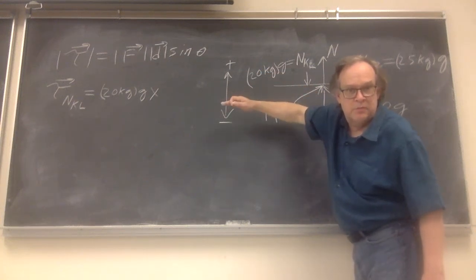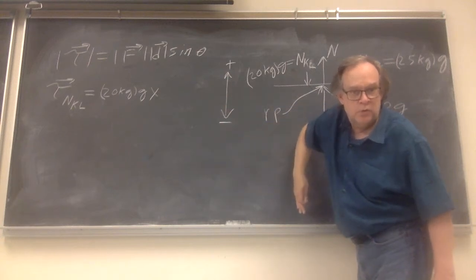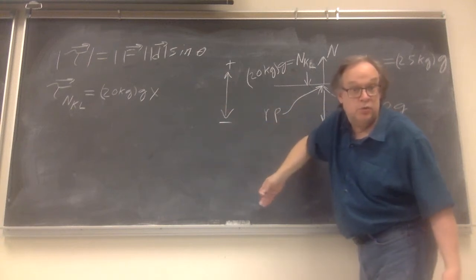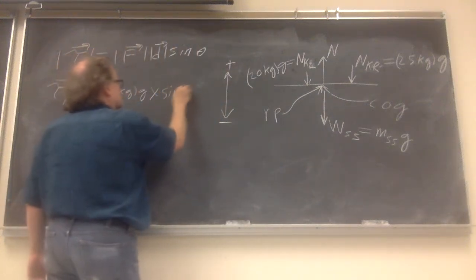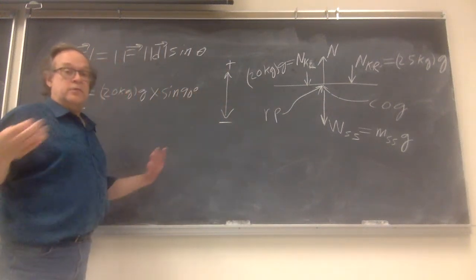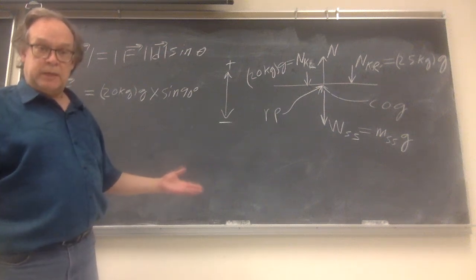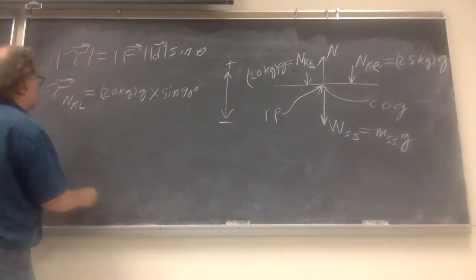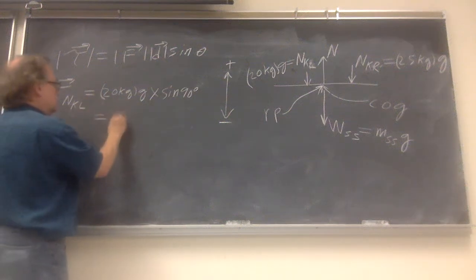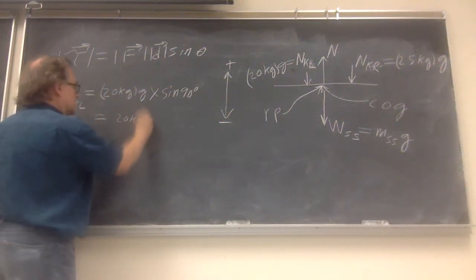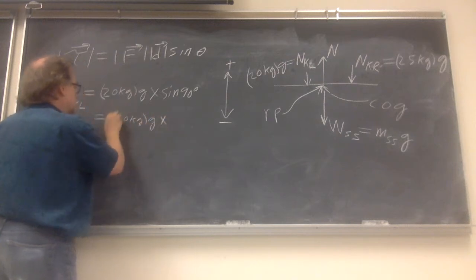Right? Displacement vector is horizontal, force is vertical, so there's a 90-degree angle. Sine of 90 degrees is just plain 1. So this torque is 20 kilograms times g times x meters.